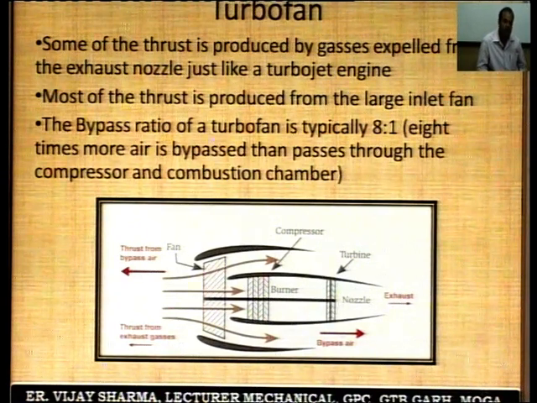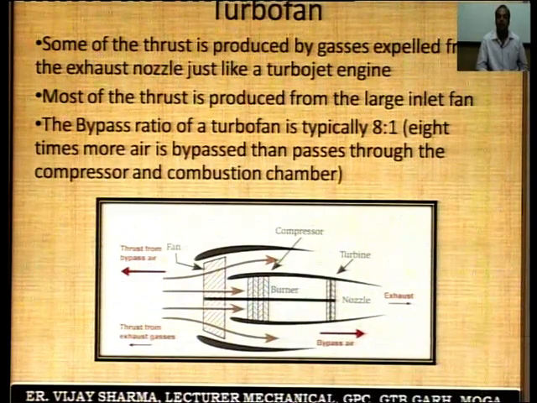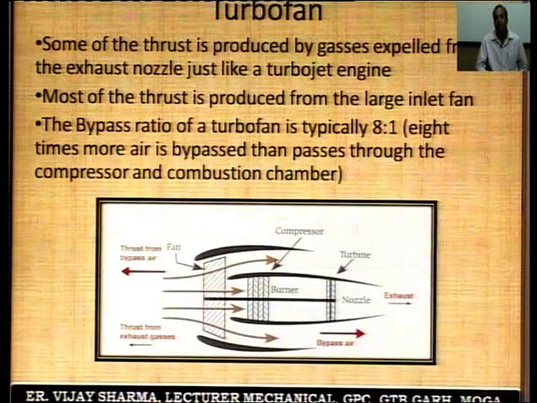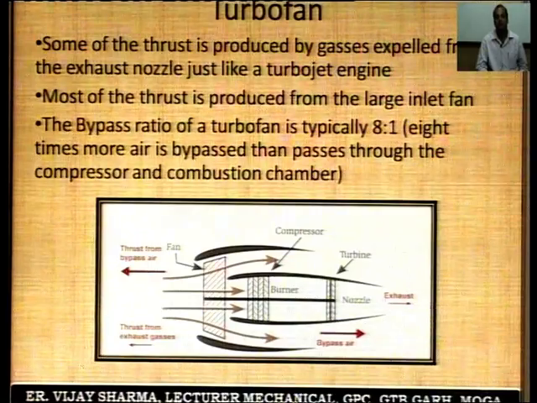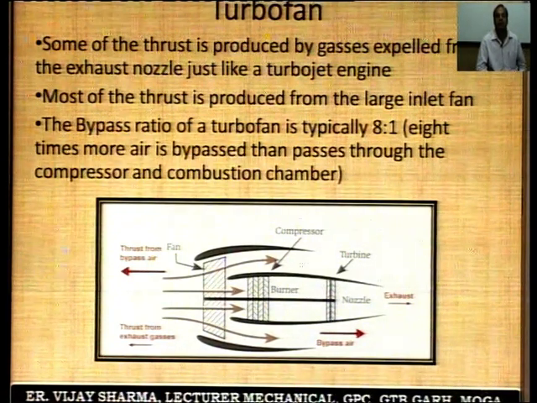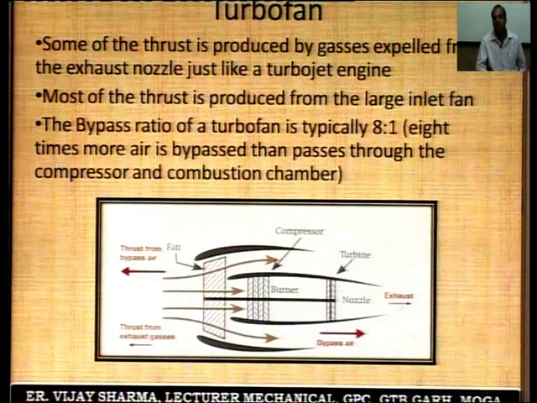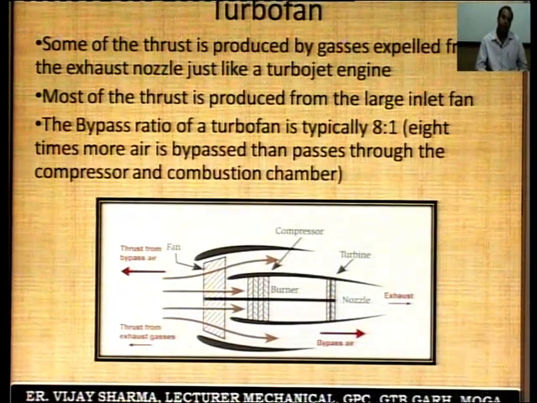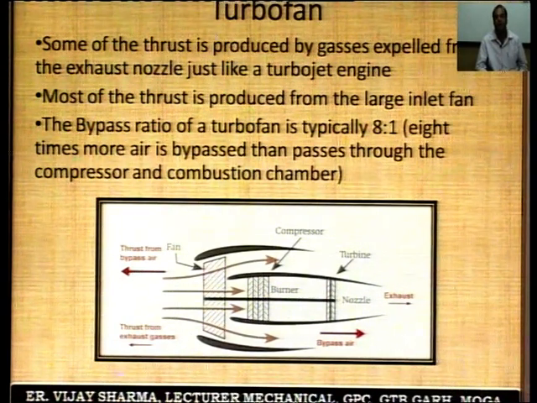Next, come to the turbofan. Below the slide, this is the schematic diagram of the turbofan. It is similar to the turbojet engine, having some differences. Some of the thrust is produced by the gases expelled from the exhaust nozzle, just like a turbojet engine. The second is that most of the thrust is produced from the large inlet fan.